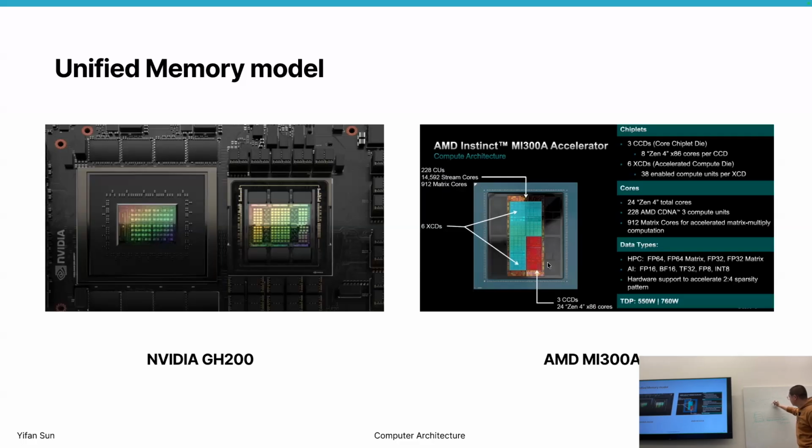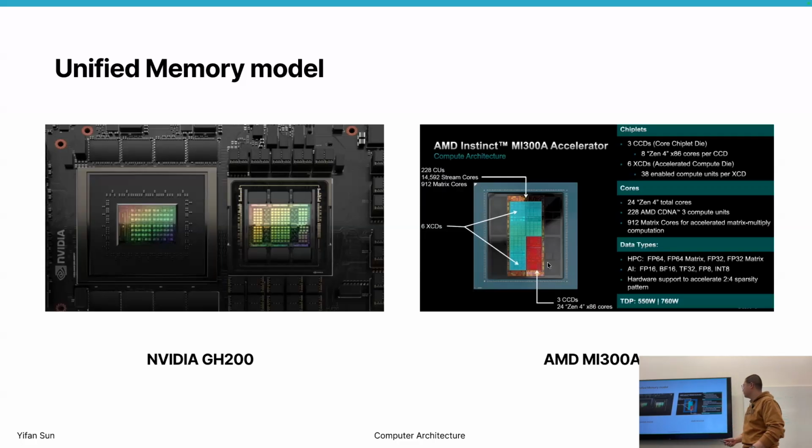Non-uniform memory access is actually a very interesting research topic, and it's always a hot research topic. These CPU dies may access this part of memory faster because it's physically closer, right? So if this part of the GPU wants to access the data here, then it takes a longer time.